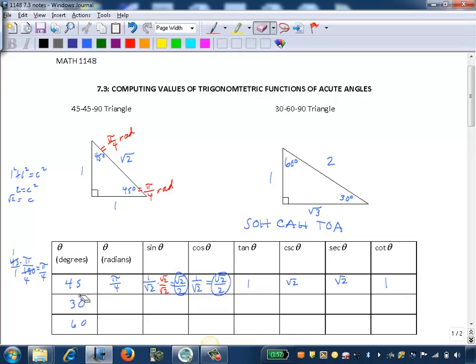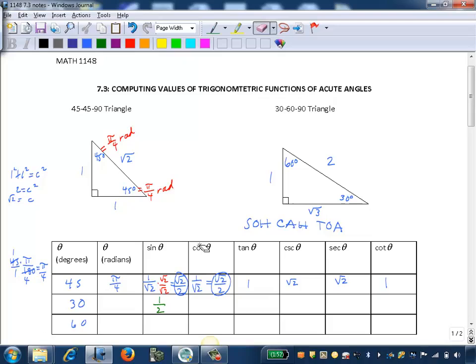Okay, so now we've got our 30-degree angle and our 60-degree angle, so we can use our 30-60-90 triangle to find those trig values. Let's look at 30 degrees first. Sine of theta is the opposite over the hypotenuse, so opposite 30 would be 1 and the hypotenuse would be 2. So our sine of 30 will be 1/2.